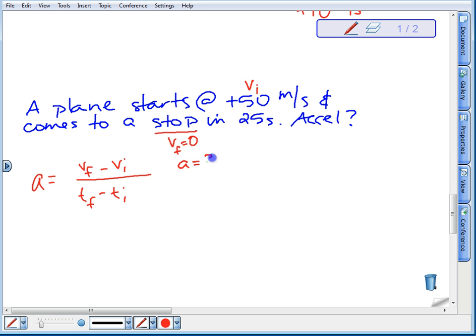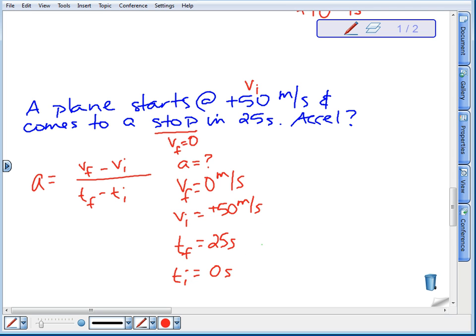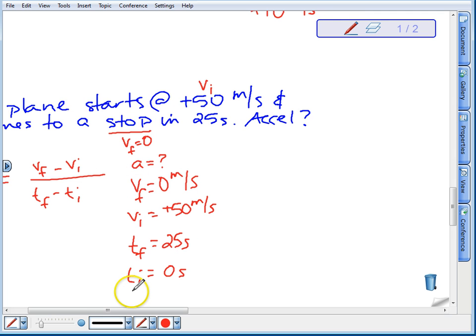Acceleration, I don't know. But my VF I know is 0 meters per second. My VI I know is 50 meters per second. My TF is 25 seconds and my TI is 0 seconds. If they don't tell you a starting time, you can assume that starting time is 0.